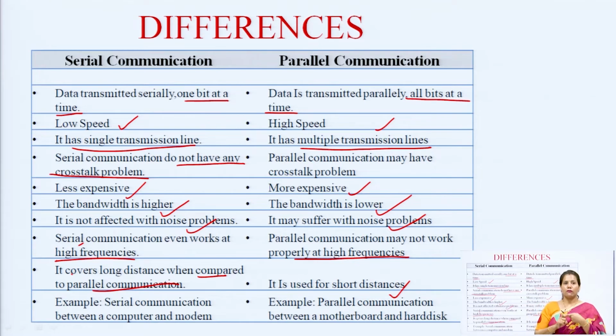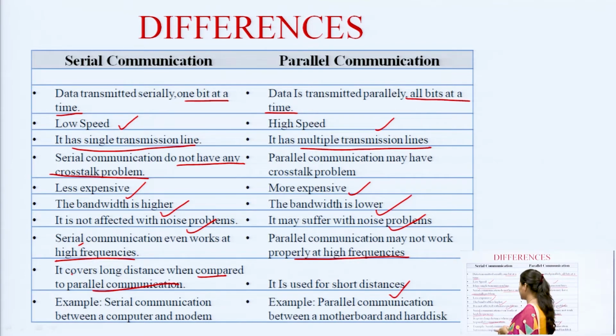Secondly, crosstalk is another problem with parallel communication. With higher frequencies the crosstalk will increase, and with longer distances the problem becomes more prominent. So, we have to avoid long distance transmission with parallel communication.